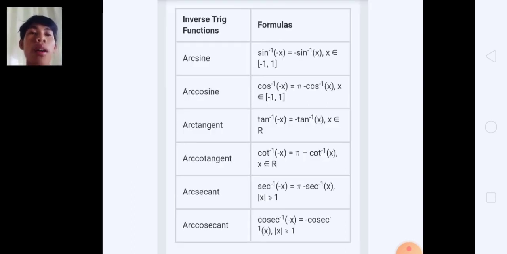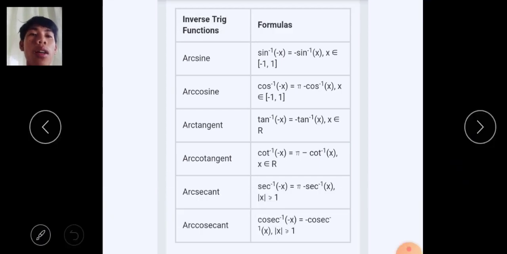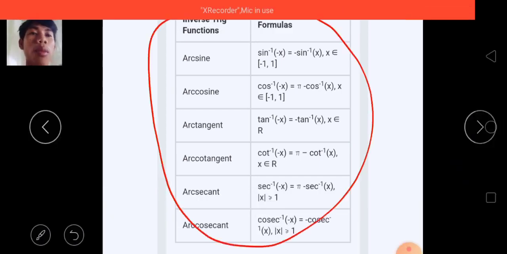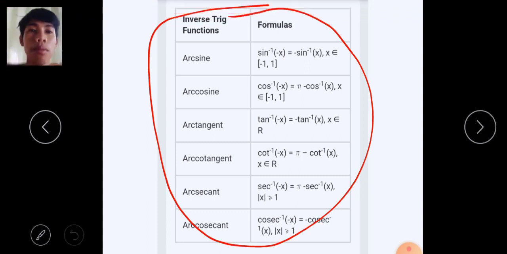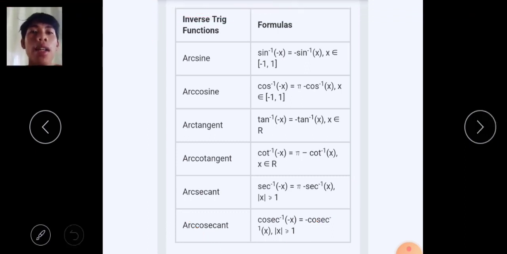So here is the formula of the inverse trigonometric functions. For arc sine, or the inverse of sine, we have arc sine of negative x is equal to negative arc sine of x, where x is in the bracket of negative 1 and 1.